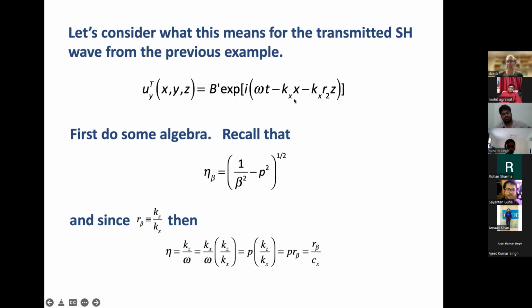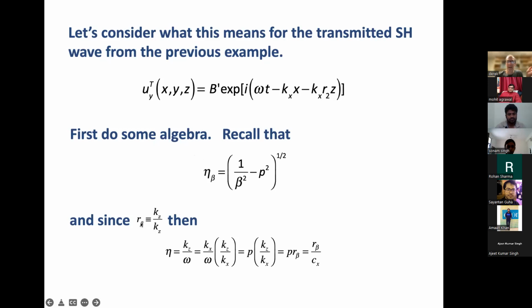There's no K sub y because the ray is propagating in 2 dimensions. It's propagating across and downward, but not propagating in and out of the screen. We will recall that eta sub beta is the square root of 1 over beta squared minus p squared.